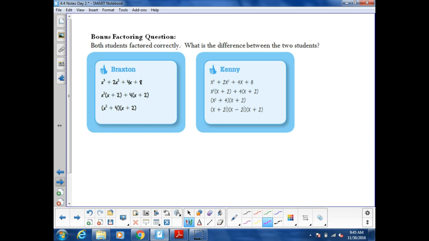Bonus factoring question. Both students factored correctly. I know that because there's a thumbs up. What's the difference between the two solutions? Mull that one over for a little bit. They both got to the same place, right? Rex had stopped.